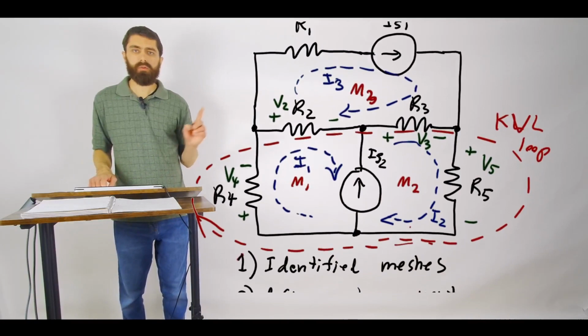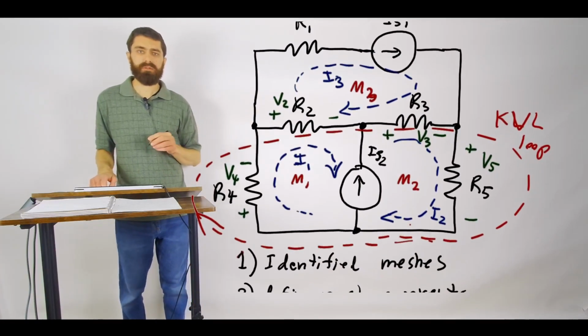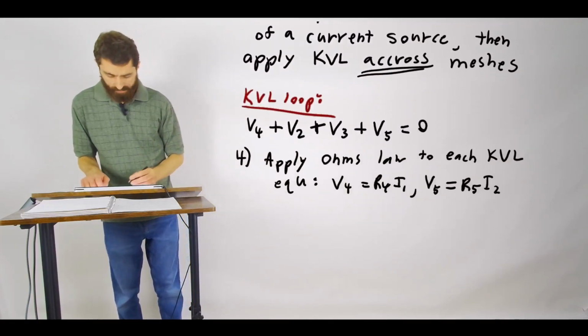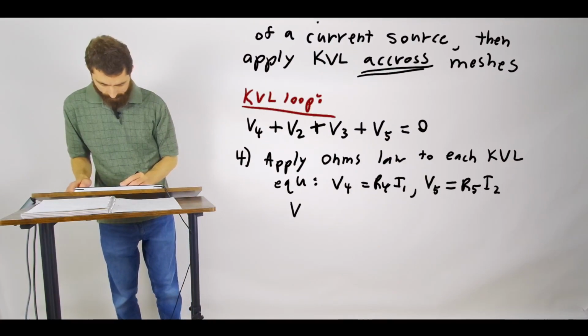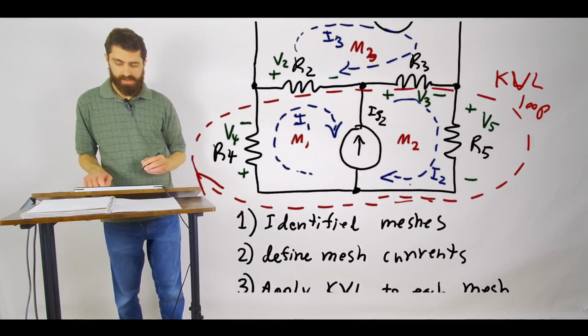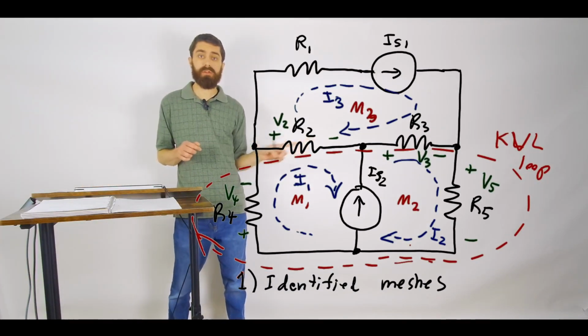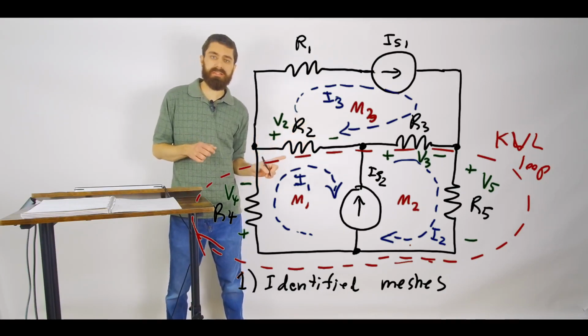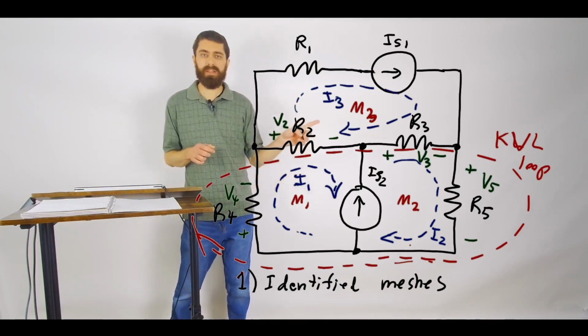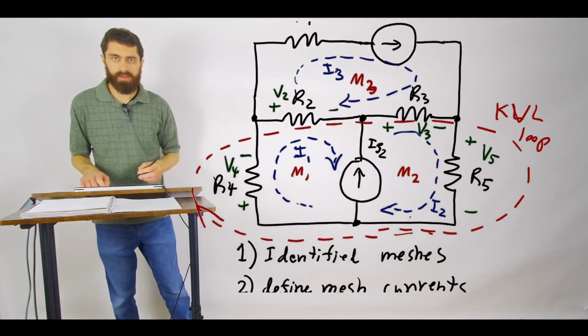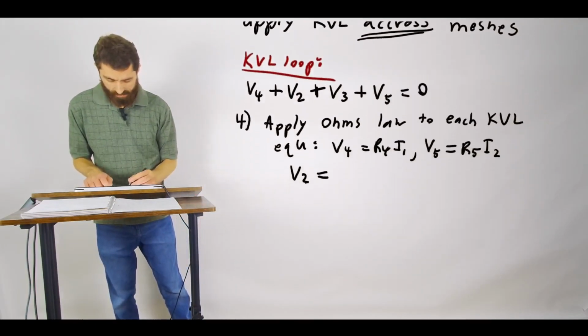So now, what about V2 and V3? V2 is going to be equal to the current going in this direction through R2 times its resistance. That current is I1 minus I3.